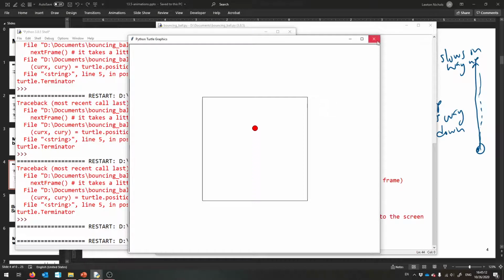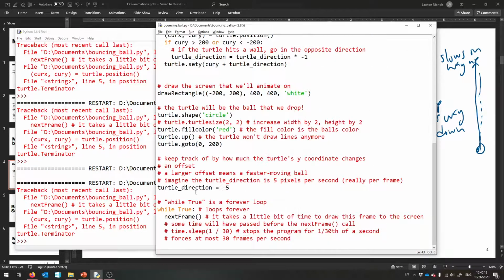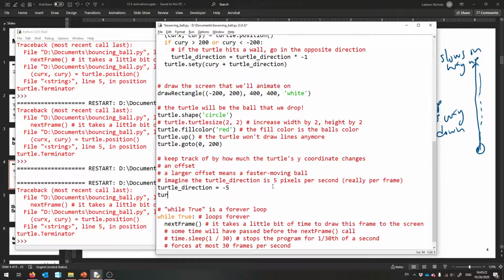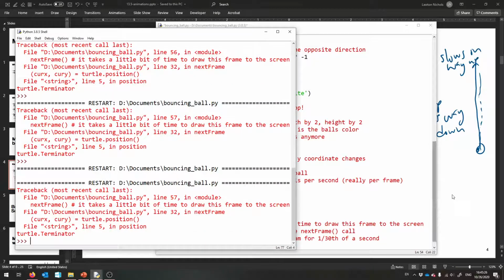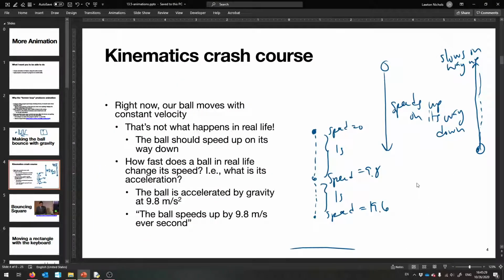Okay, so when the ball is dropped, now it's our chance to start changing its velocity. So let's work on this. So turtle acceleration equals, and if you think about it, if this is the y coordinate of the ball, it's very high. It's up here.